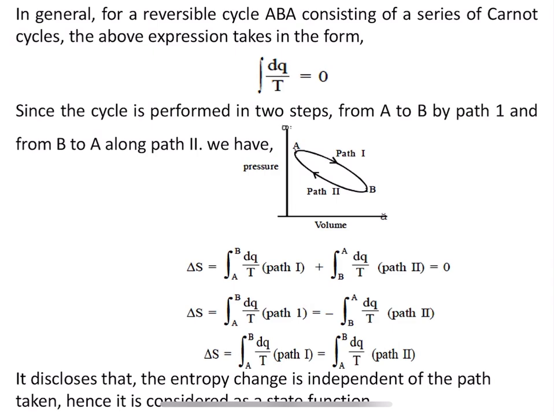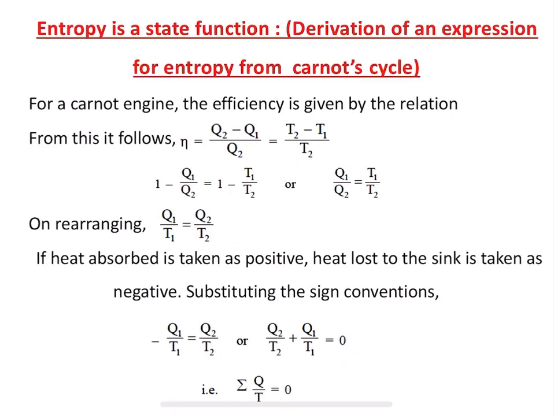In other words, the entropy change is independent of the path taken, and hence it is considered a state function. This is how we prove that entropy is a state function, and this is the derivation of an expression for entropy from Carnot's cycle.